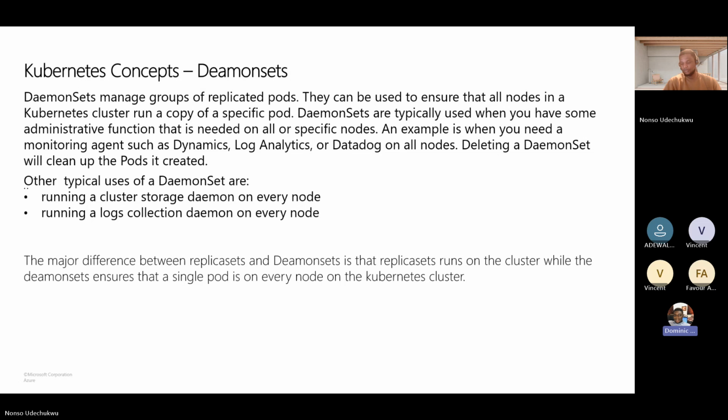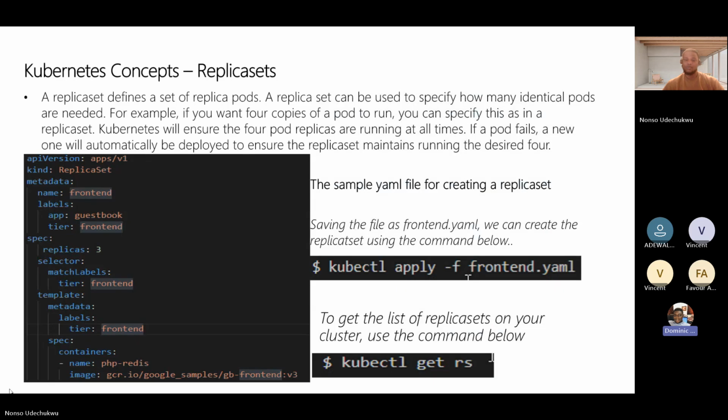If 1,000 people or 100,000 people are going to Jumia.com, it will continue to stabilize because of the HPA. It will continue to scale different instances so people can keep using the website without having issues. That's the beauty of Kubernetes.